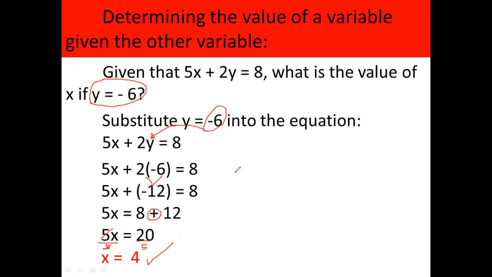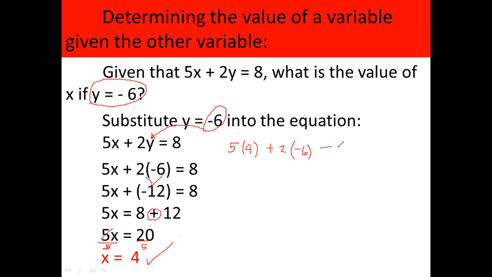All right, counter check if you are correct. So 5 times x, which is 4, all right, plus 2 times your y, which is negative 6, equals 8.